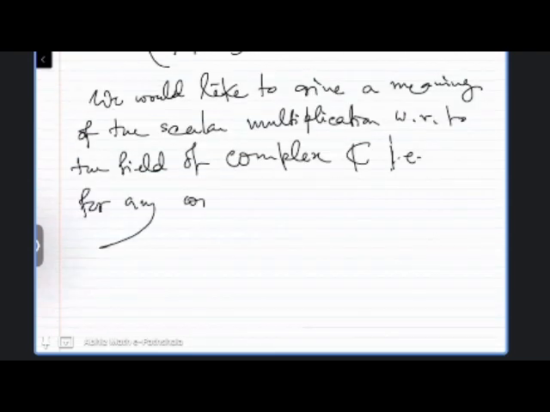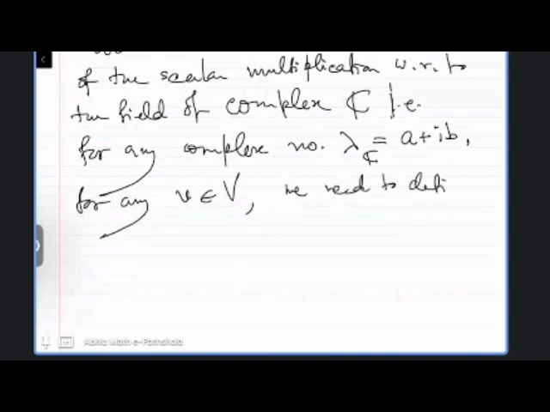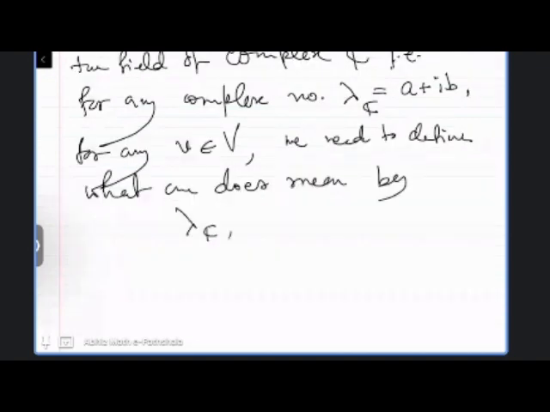That is, for any complex number, let us call it lambda_C, having representation a plus ib, and for v belonging to capital V, we need to define what one means by lambda_C v.